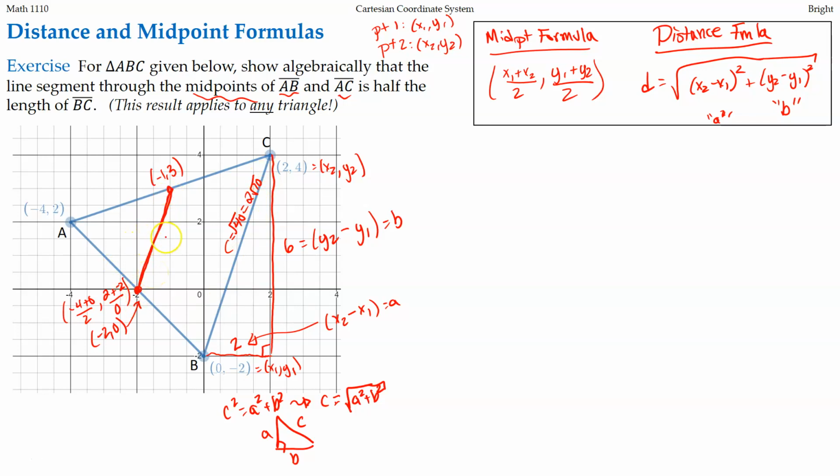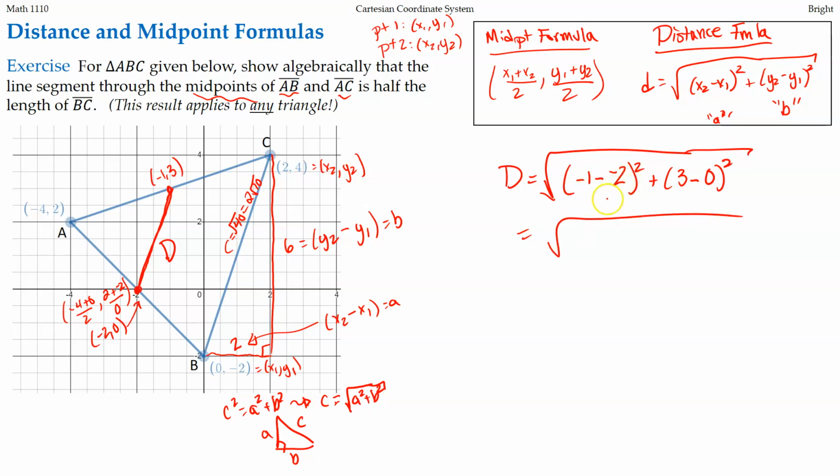Let's call this big D. Using the distance formula, it doesn't matter which one is point 1 and point 2, the difference in x is minus 1 minus negative 2, square that, plus 3 minus 0, square that. 1 minus a negative 2 is 1, and 1 squared is 1, plus 3 minus 0 is 3, square that is 9, so I end up with square root of 10.